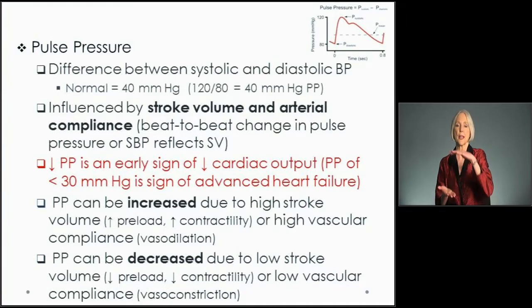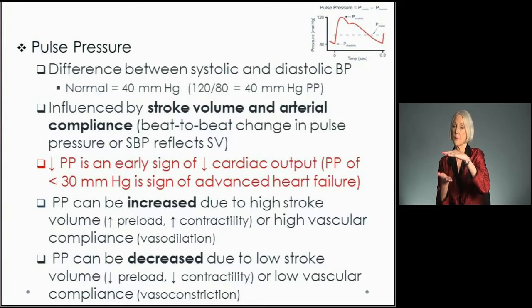Now, pulse pressure can decrease, meaning that they get closer together, either because of a drop in systolic pressure, which can be because their preload reduced, like they're hemorrhaging or whatever, a low preload, or because they're in cardiogenic shock, their contractility is decreased. That will affect the systolic number. The diastolic number, when it rises, will also cause pulse pressure to decrease.